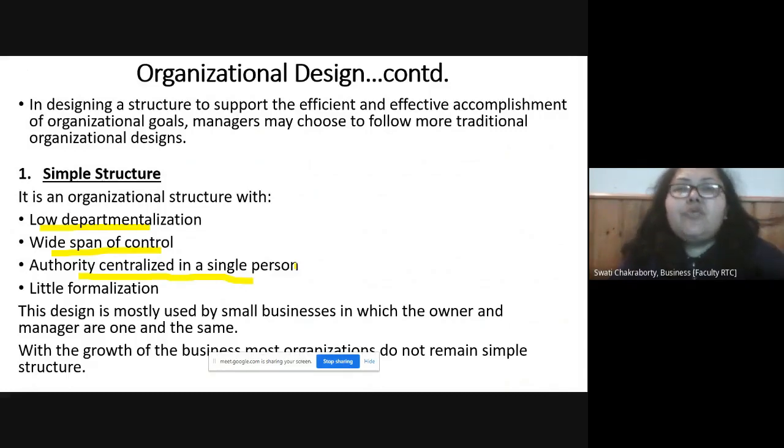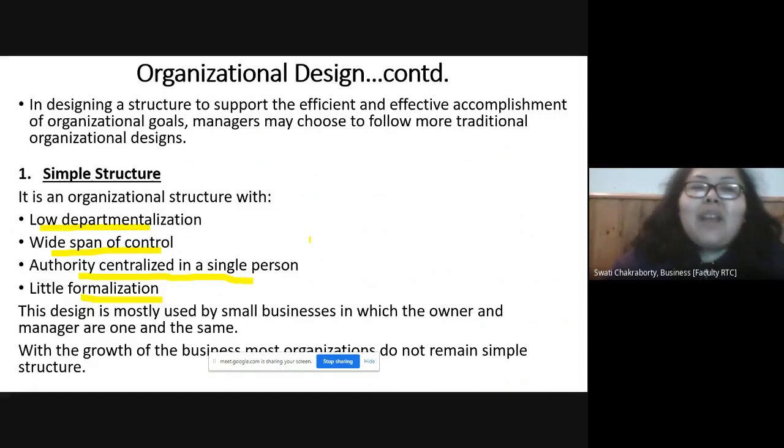It's centralized authority, with a lower degree of formalization because you're actively involved with the way your employees are working, so formality is much less. But as the size of the organization grows, simple structure is not the right kind of structure, so you have to change and go for a higher structure.